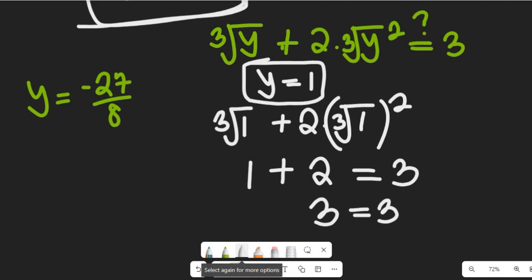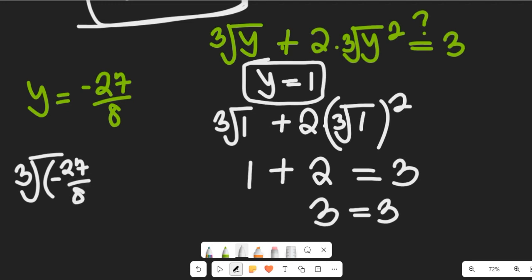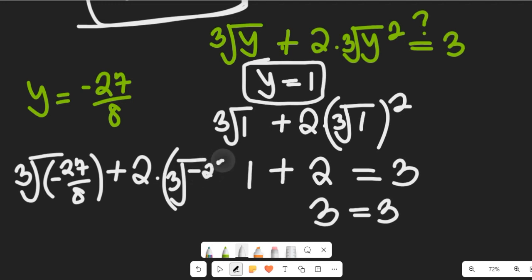Now if we do that, we're going to have the cube root of negative 27 divided by 8 plus 2 multiplied by the cube root of negative 27 divided by 8 squared, all squared.